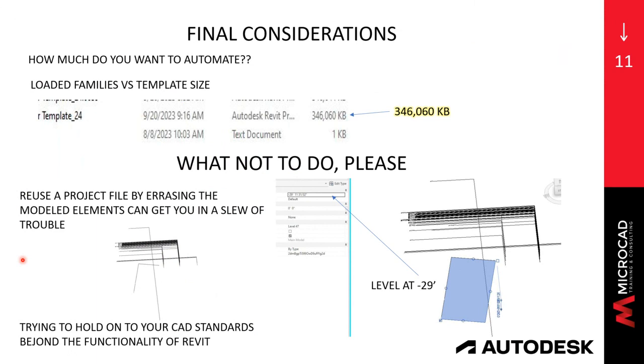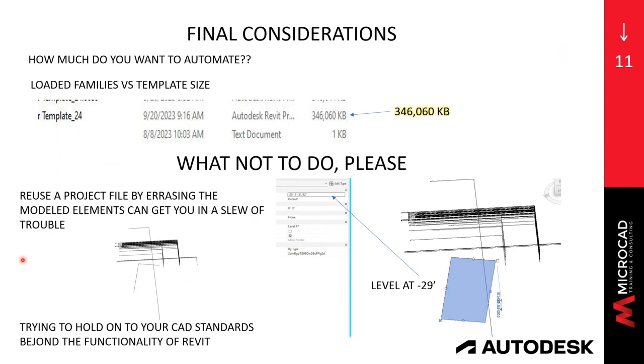And she was like, well, I guess it's a remnant. And what is it that they were doing? They were using a project file. They were modeling on that project file. And for the next project, they would start from that old project file, delete the modeled elements, and continue working on it. When I say you can have a Revit project as a template, that is not, may I repeat myself, that is not what I meant.